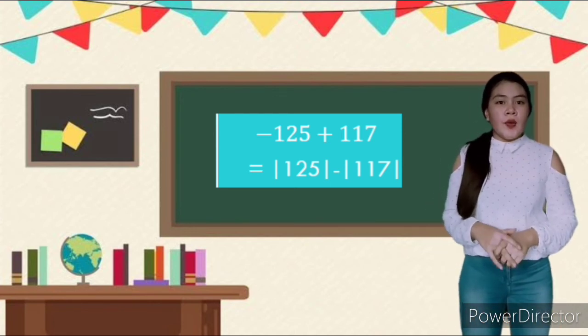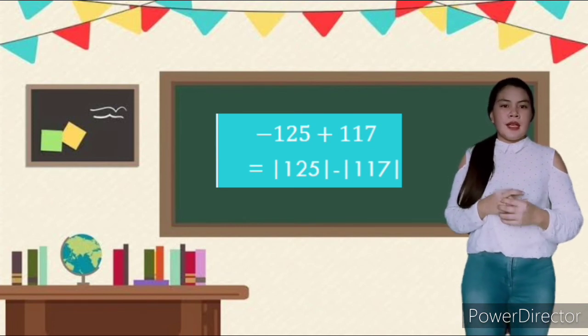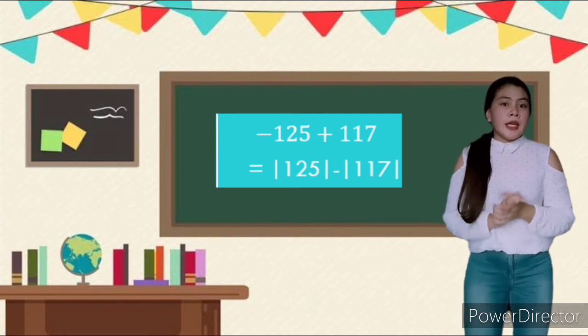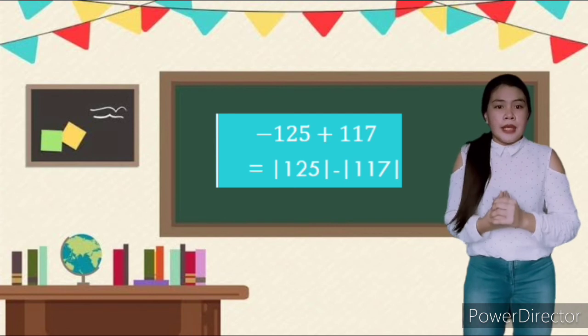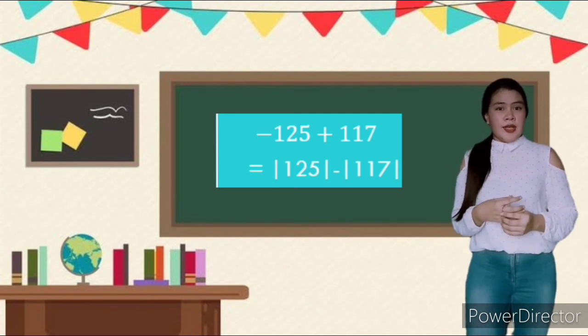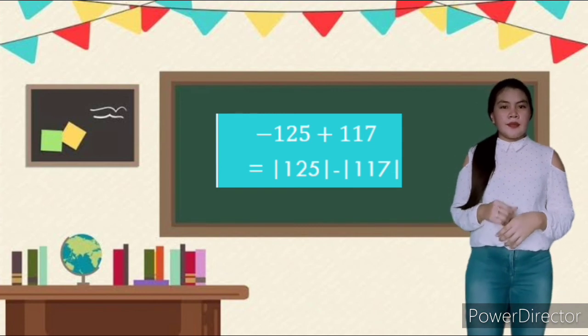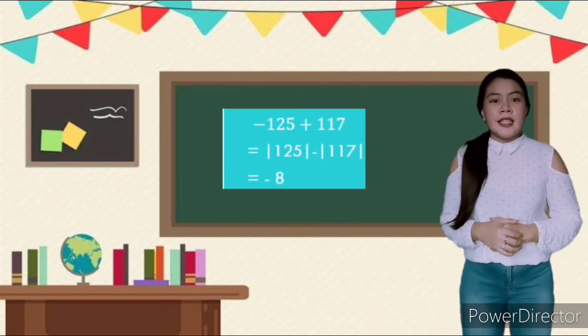It's 8. So, according to step C, attach the sign of the integer with the bigger absolute value to the answer in step B. So, what would be the final answer? Yes, Jean? Okay, very good. It's negative 8.